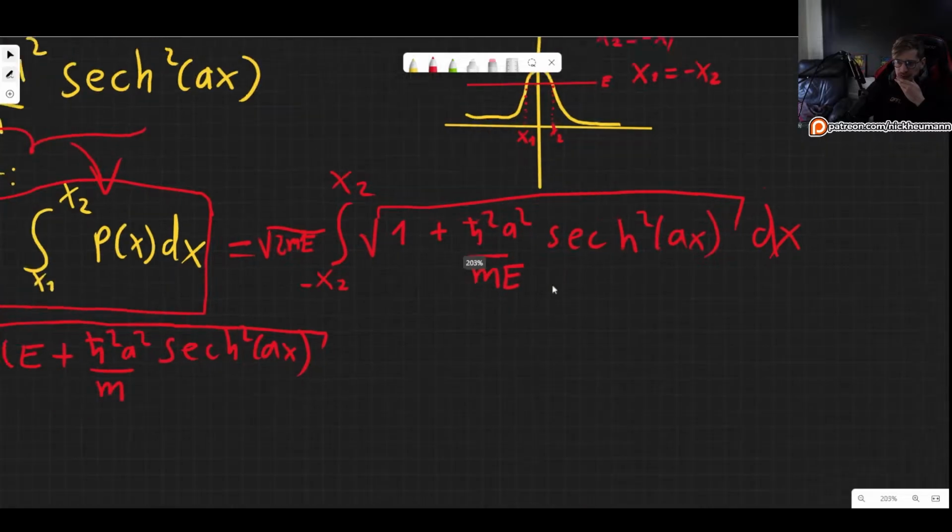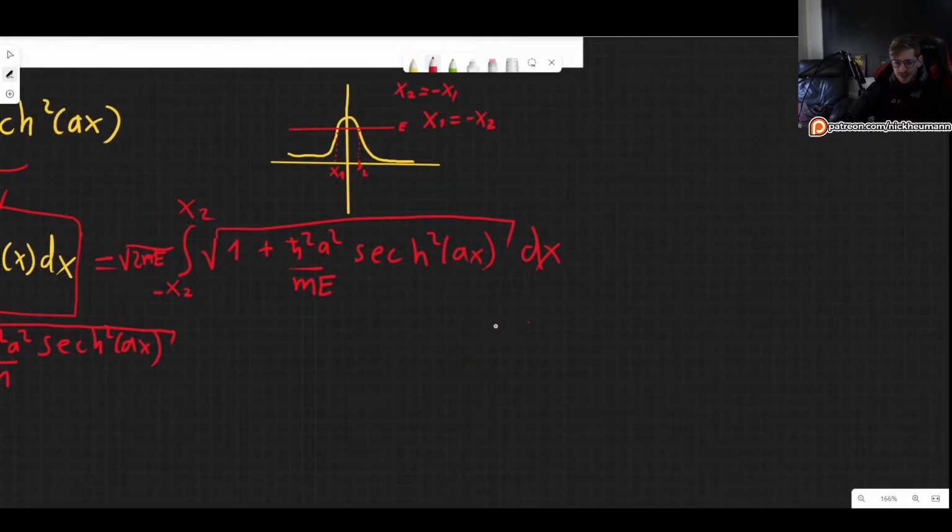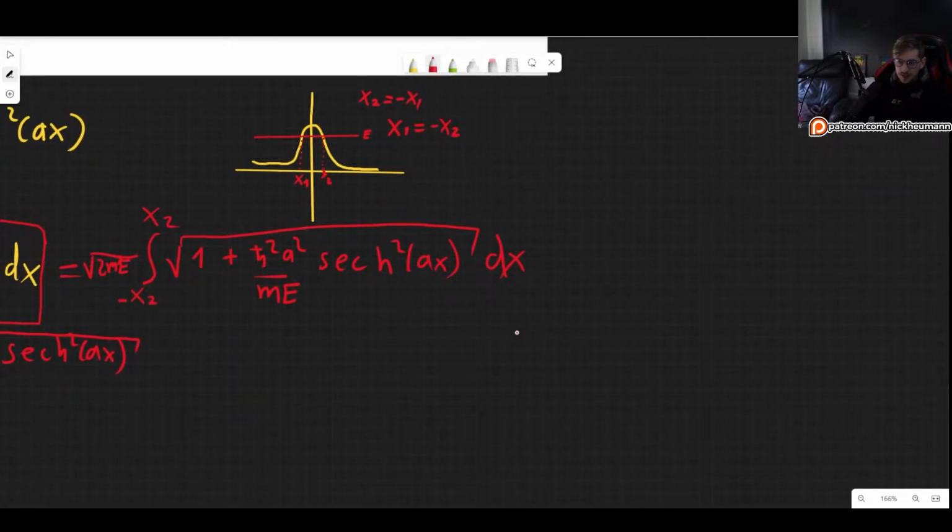Okay. So what do we do next? How can we go about solving this integral? First of all, notice that once again, we are in a symmetric interval. We are integrating from minus x2 to x2, but the hyperbolic secant squared, as you can see, is an even function.